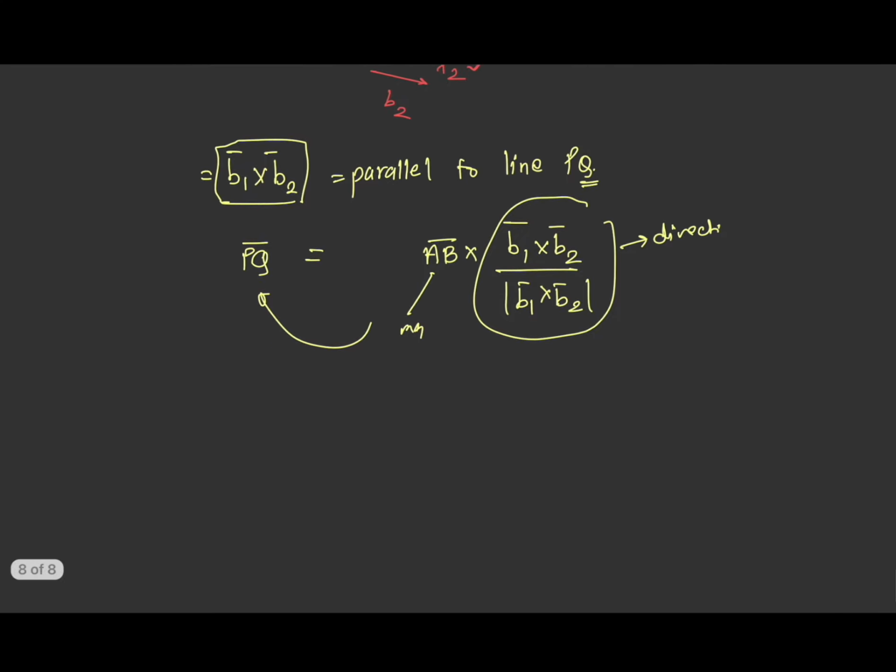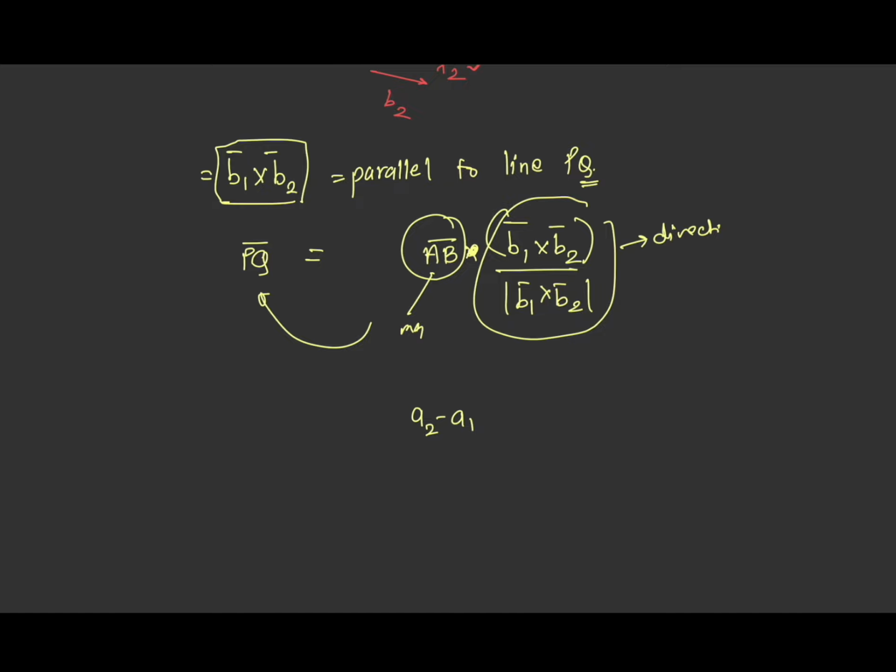So we'll just substitute and find the value of AB. AB is nothing but A2 minus A1, and here the cross represents a dot product because we need to take the dot product with this vector, because we are taking a projection.